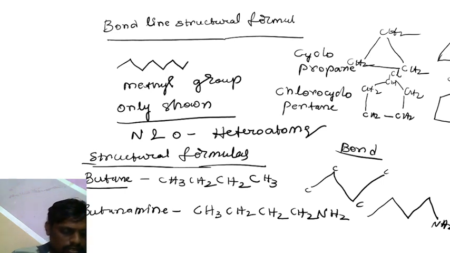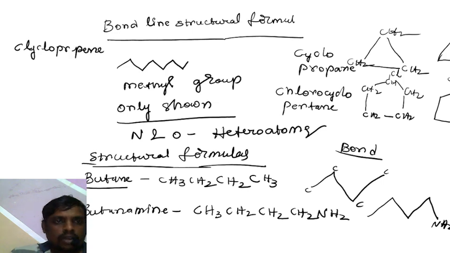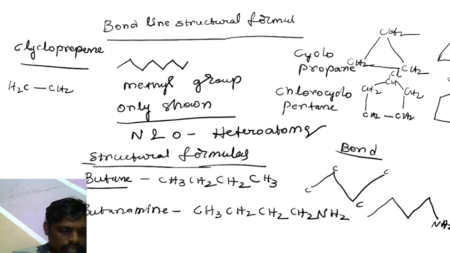One more example, cyclopropene. How to mention cyclopropene here? If you see carefully, CH2, and instead of that, if you take a double bond formation, only one hydrogen we have to mention here.